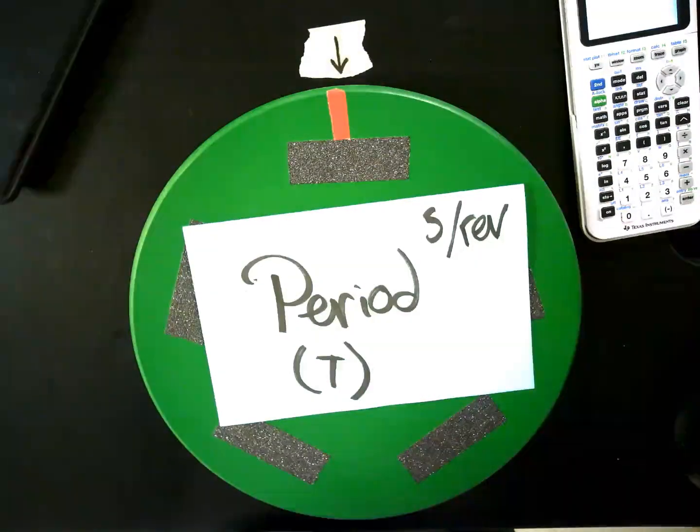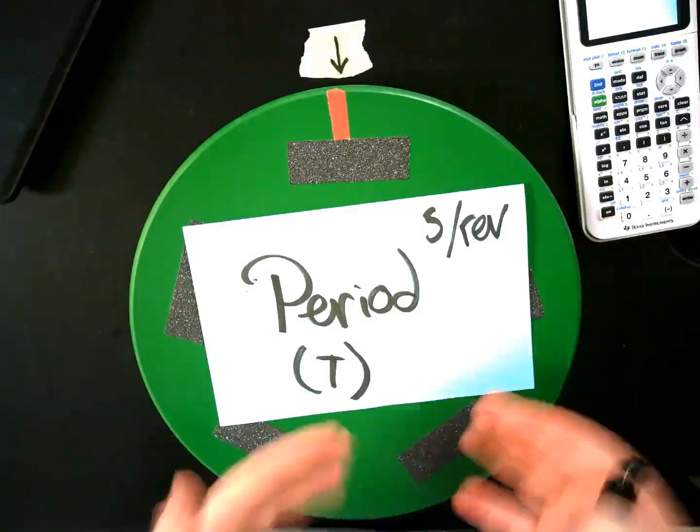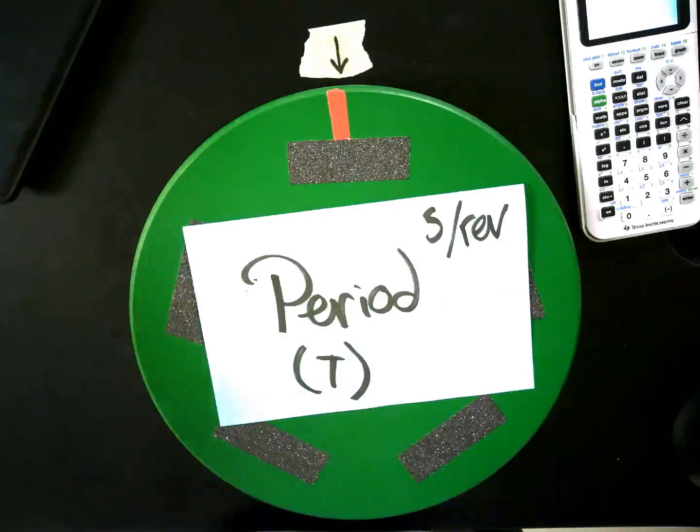So that's that, and we use period because it's, relatively speaking, so slow. We don't have a whole lot of revolutions over a big old span of time.